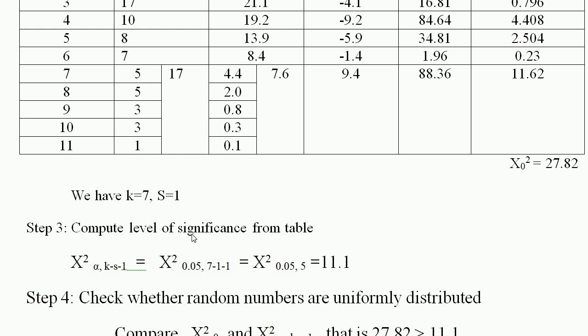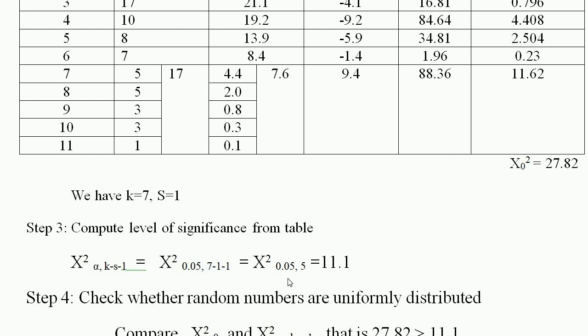Now we are going to calculate the critical value, that is x alpha comma k minus s minus 1 square. As I told you in the beginning itself, the value alpha equal to 0.05 is given. We use this 0.05 to calculate the critical value. So alpha is 0.05, k is 7, the number of intervals, minus s, which for the Poisson distribution is 1, minus 1.